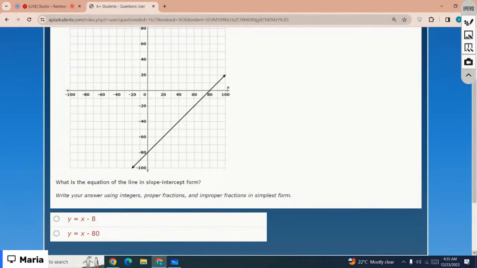Yes, the correct option is the second one because the y-intercept is negative 80, right? So the second option is the correct option.